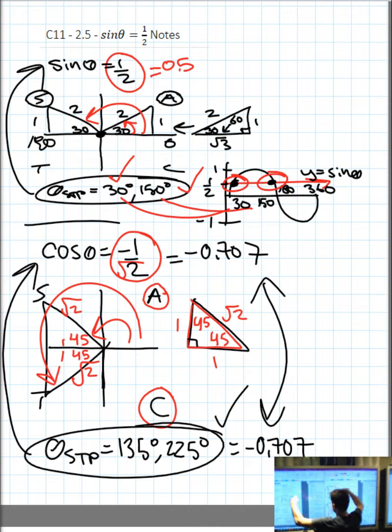Label the reference angles according to special triangles. Draw an arrow from the principal axis to the first terminal arm. Draw an arrow from the principal axis to the second terminal arm. Solve for theta STP and check the answer on the calculator. Use sine, cos, or tan. ASTC to decide whether they're positive or negative. Be careful with your special triangles.